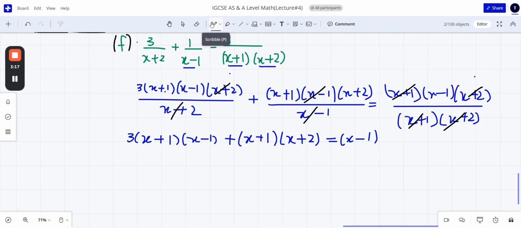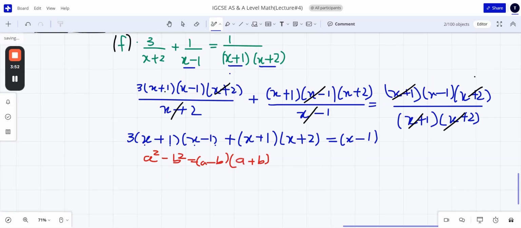So now we need to expand the brackets. Here x plus 1 and x minus 1, the values are the same, only the sign between them is changed. So it means that we can apply the algebraic formula here, which is a square minus b square equals a minus b into a plus b.